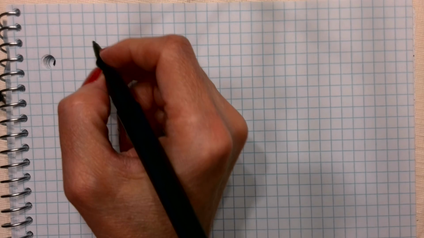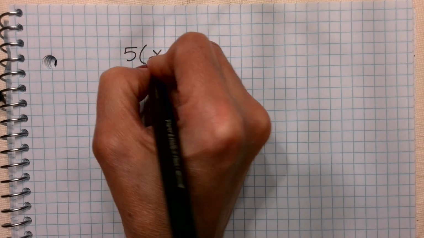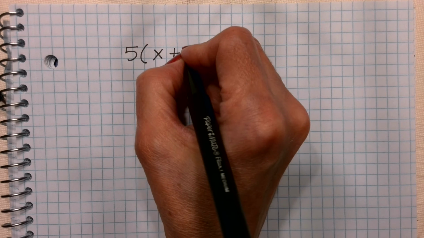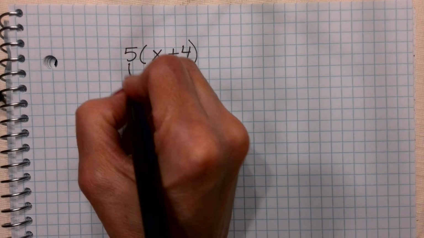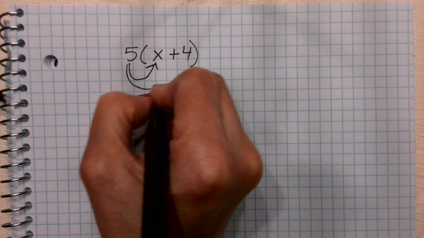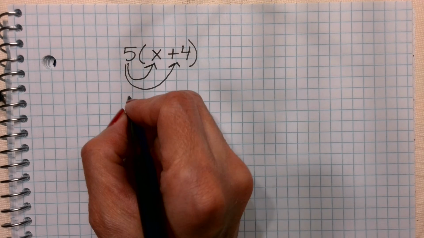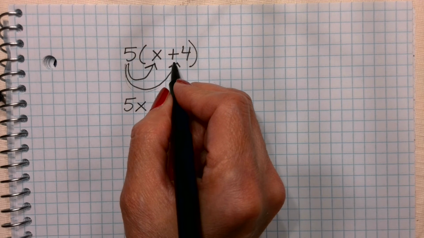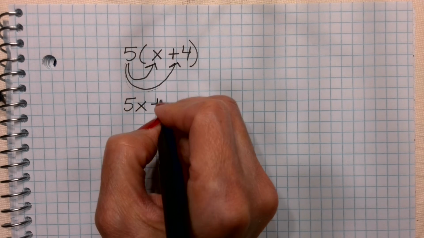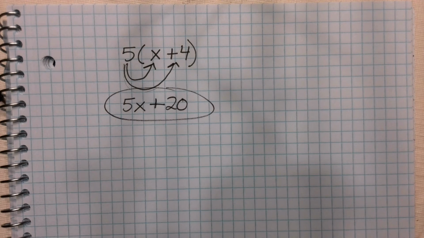Okay, so for example, if I give you a problem like this, which is say 5 and then x plus 4, when you do distributive property, you do 5 times x, and then you do 5 times a positive 4. So 5 times x would be 5x, and then 5 times 4 would be plus 20. And that's it. You just have to make sure to multiply by both terms.